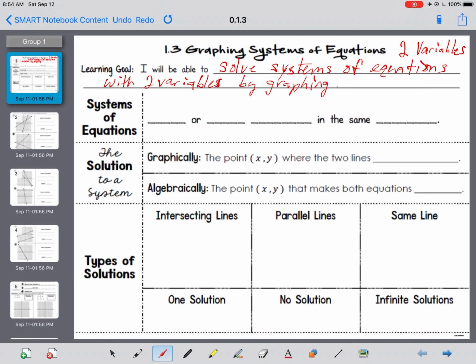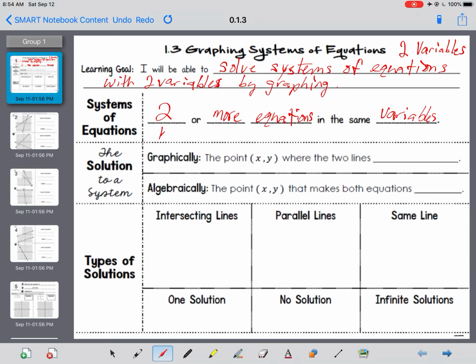Okay. A system of equations is two or more equations in the same variables.